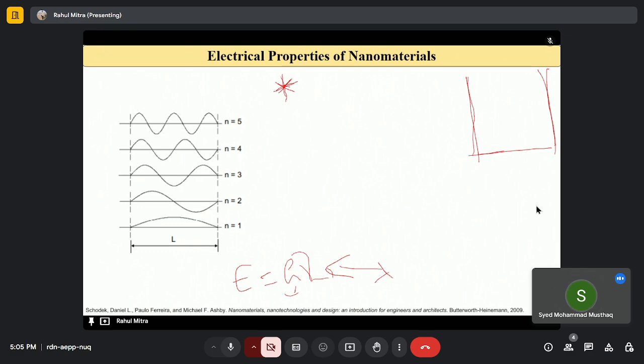That's why we are talking about the particle in a one-dimensional box. So this is a potential well of width equal to the thickness.